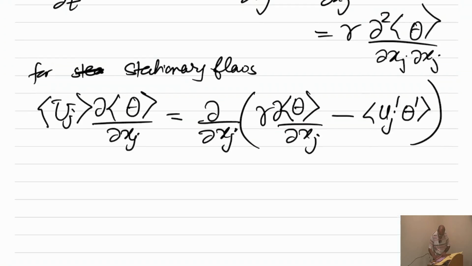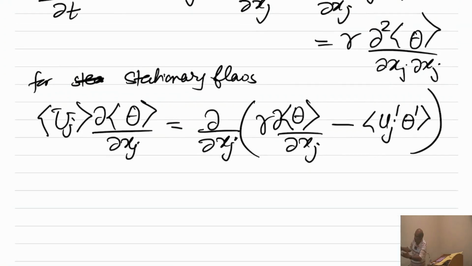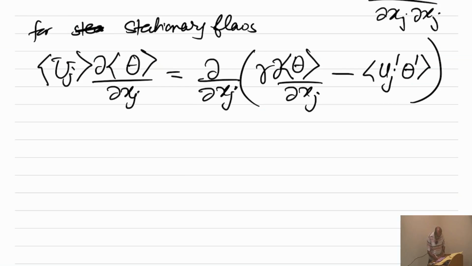So basically this is just like the velocity equation, but now instead of ui uj, I have a theta prime uj. And this term uj prime theta prime is sometimes called the turbulent heat flux.